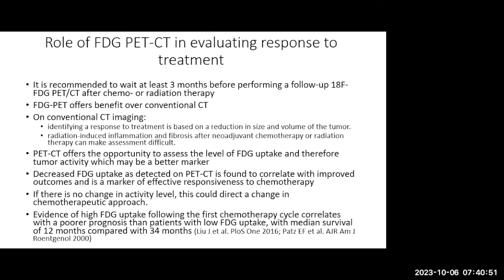And then there is evidence that if there is persistent high uptake following the first chemotherapy cycle, this correlates with poorer prognosis, that in patients that demonstrate low uptake after the first cycle, with a median survival of 12 months as compared to 34 months on those that show lower uptake.